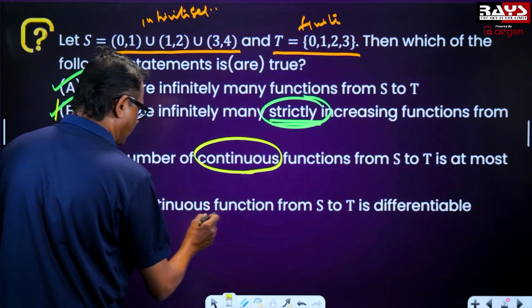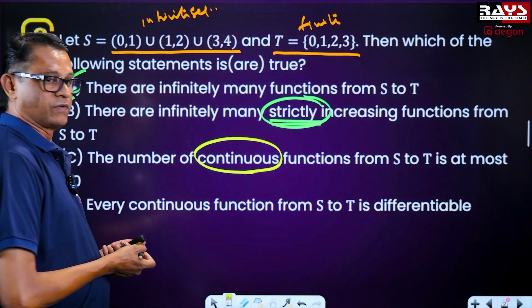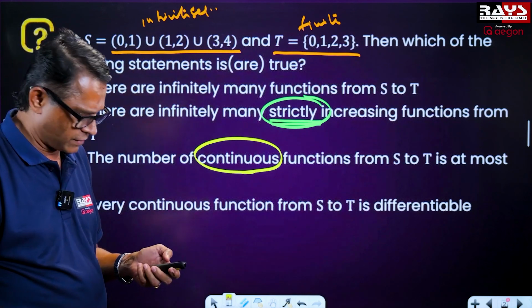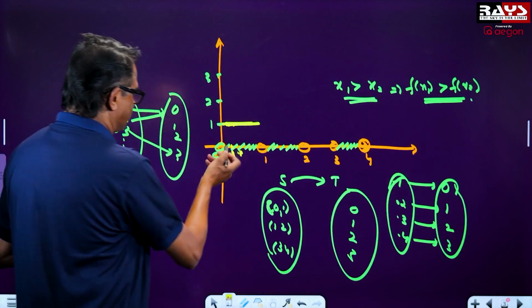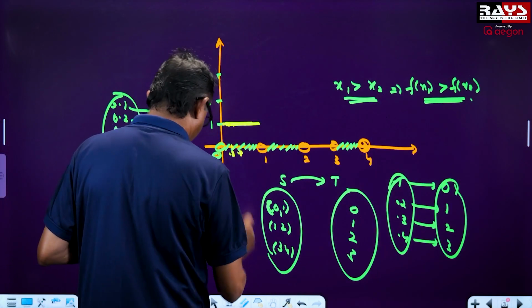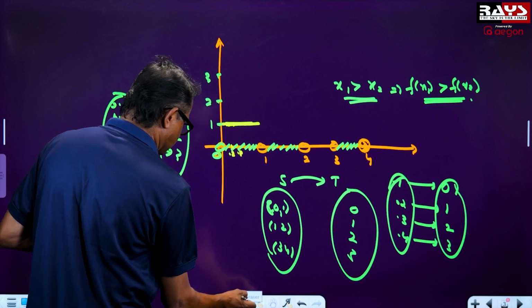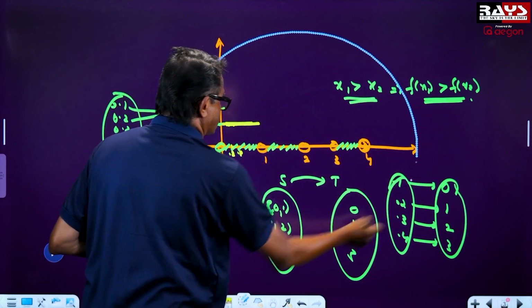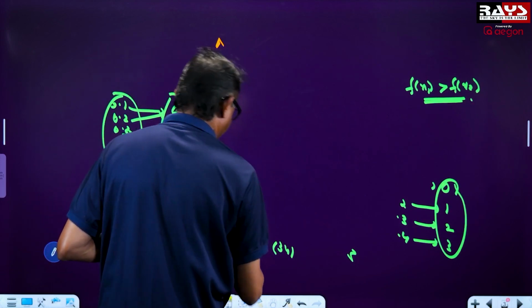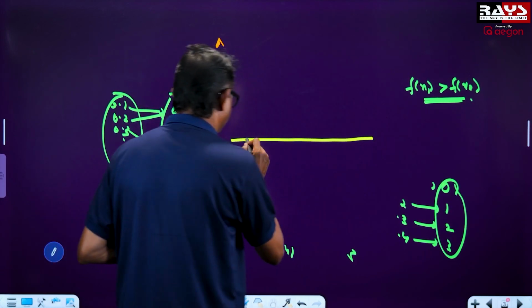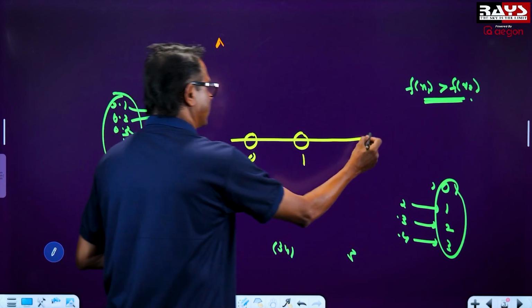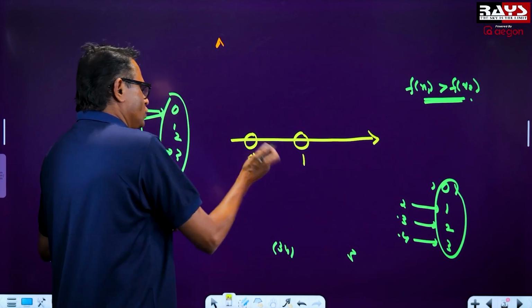Every continuous function from S to T is differentiable. What do you mean by continuous function and differentiable function? Suppose I am considering the interval 0, 1.